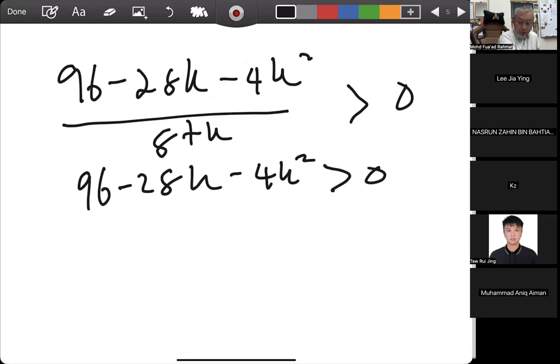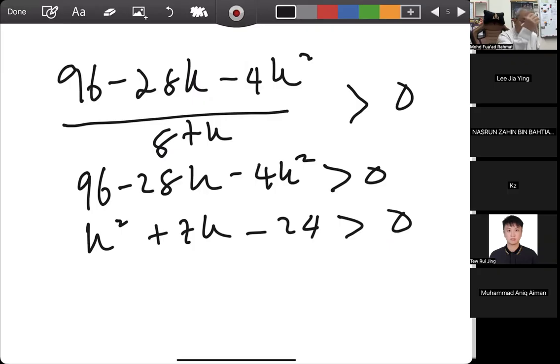So we have to simplify it. Okay, K square plus 7K minus 24 greater than 0.